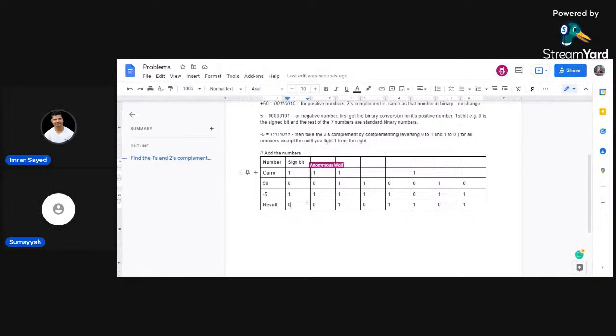Let me see if we can add that. What's this? Column you want to make, right? Yeah, it's not allowing to make another column.